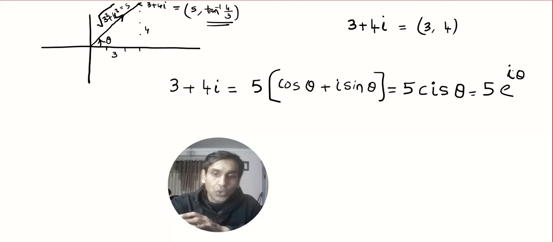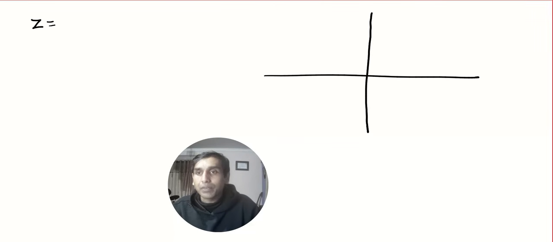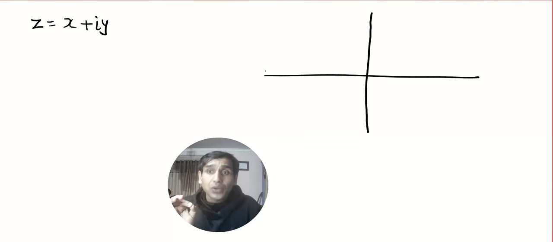Okay, let's go in detail. Suppose we have a complex number in the Cartesian form. Now I'll give you a trick. Note it down. This is going to be extra important later. So suppose I have a complex number x plus iy. You have to understand that this can be converted into r theta form.